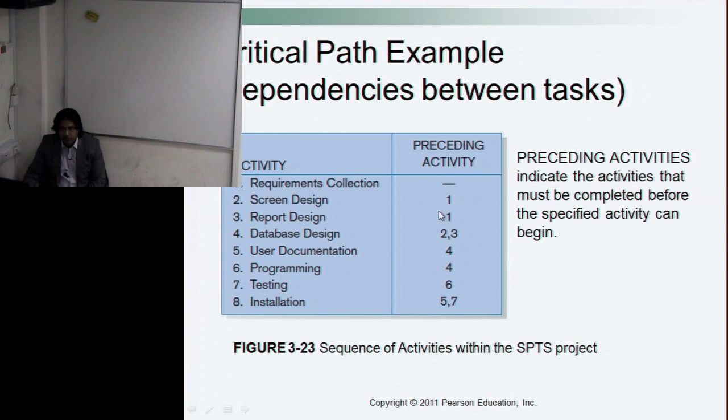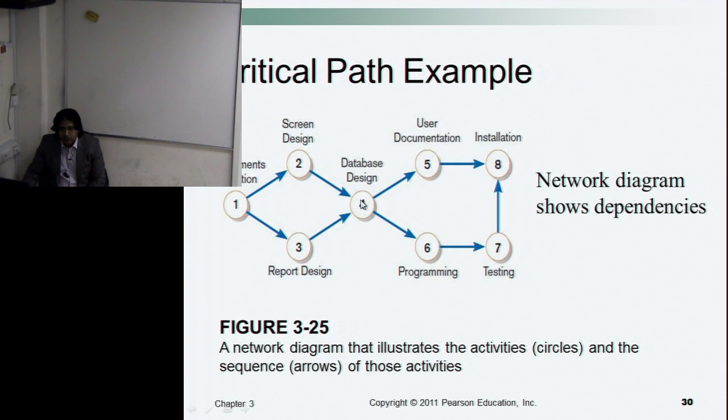Now you see the activities 2 and 3 both are the preceding activities for activity 4. So we can draw an activity 4 here, which is representing the database design, and 2 and 3 are preceding it.